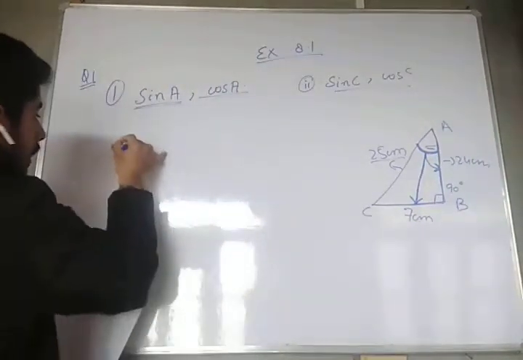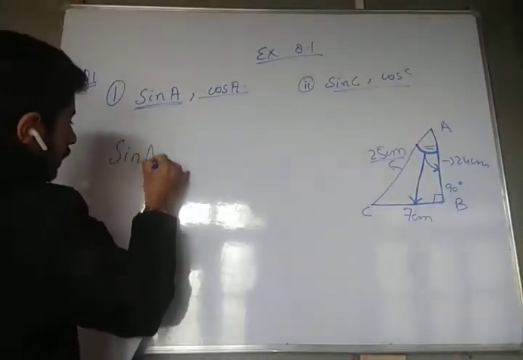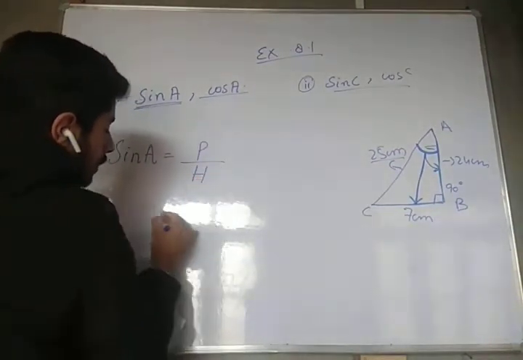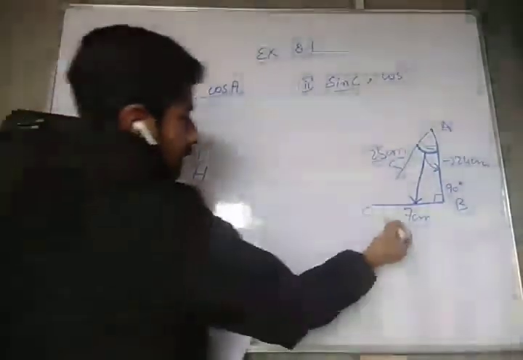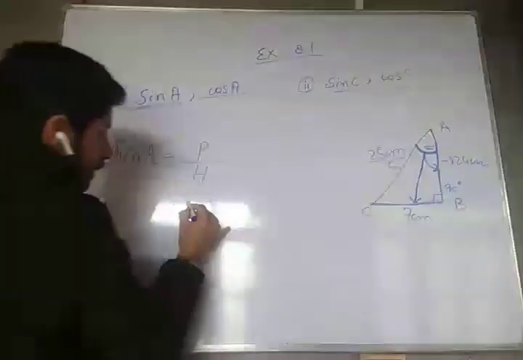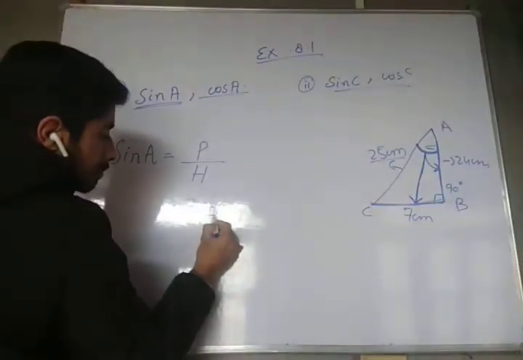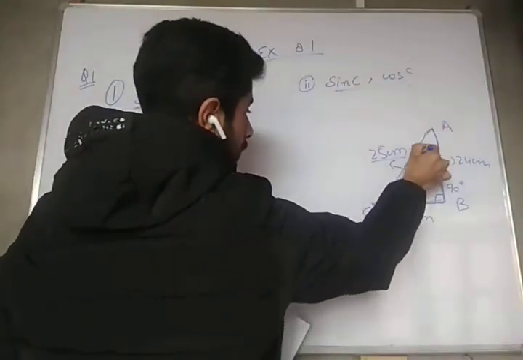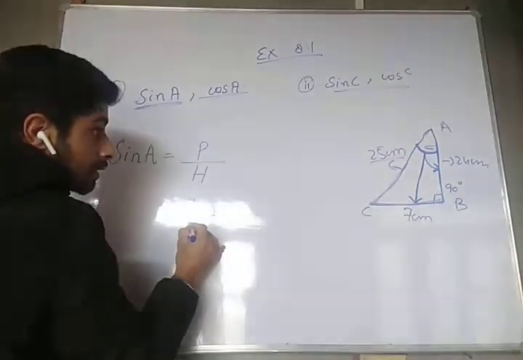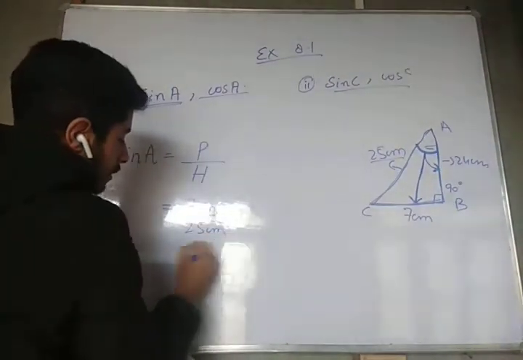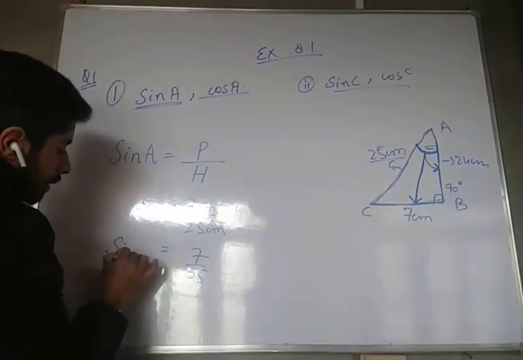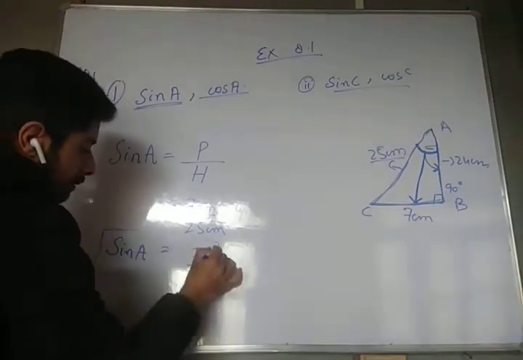For sine of A, we know sine is equal to perpendicular by hypotenuse. So perpendicular is 7 centimeter, hypotenuse is AC, that means 25 centimeter, that is 7 by 25. This is the value of our sine A.